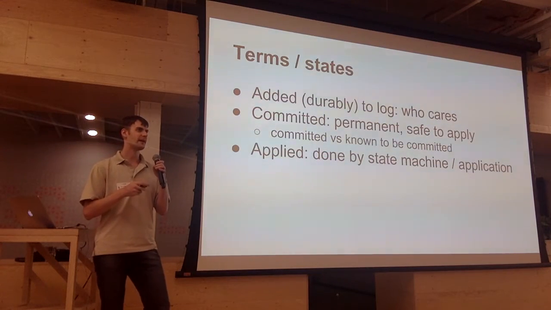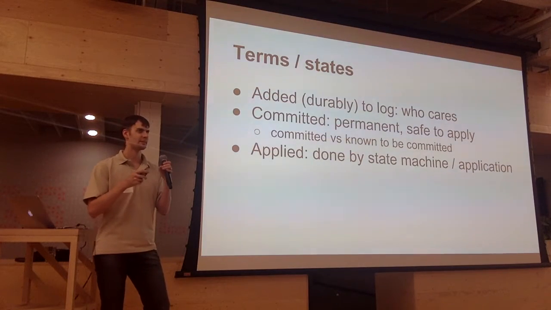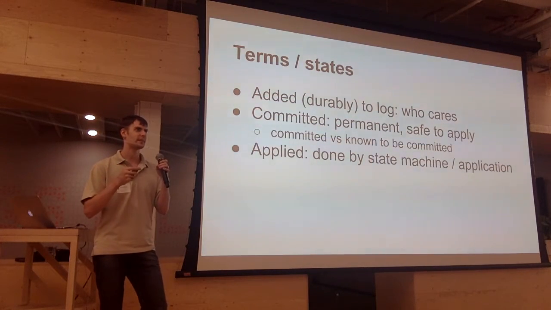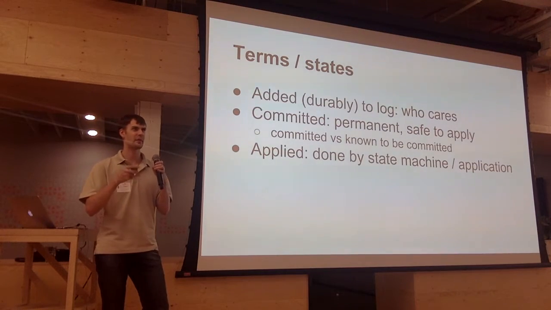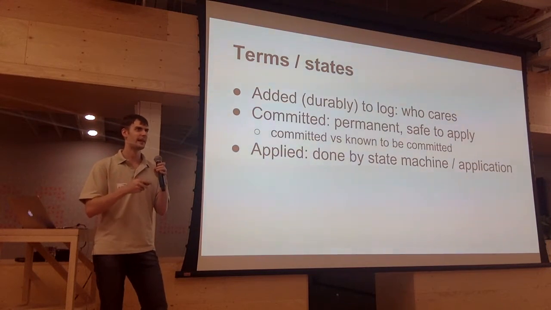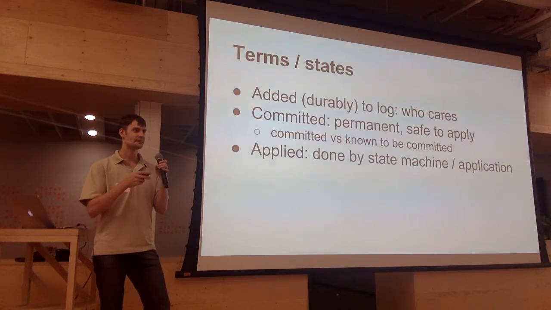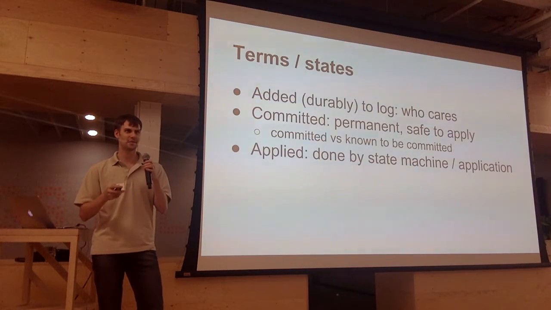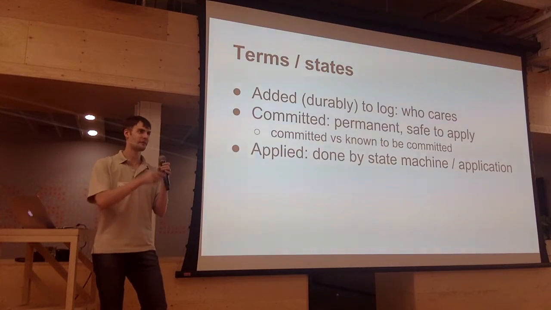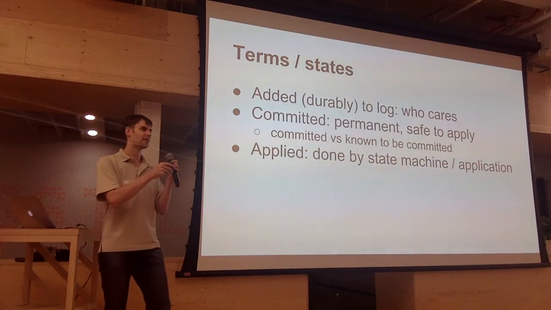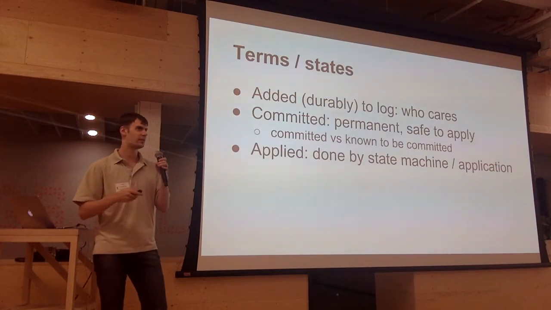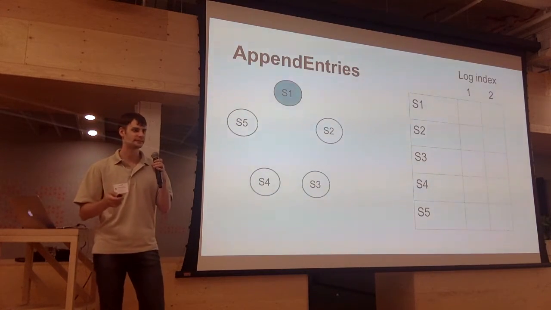A useful way of thinking about it is that something is committed when you could look at the state of all the machines and all the messages in transit, and knowing the rules of the Raft algorithm, you would be able to conclude that that entry will eventually be propagated to the other machines as long as they're up for long enough, and that it will never go away. That's different from when machines find out that something is committed, which happens later on. So something can first be actually committed, and then machines find out about it. I'll walk through an example and point out when those things happen.